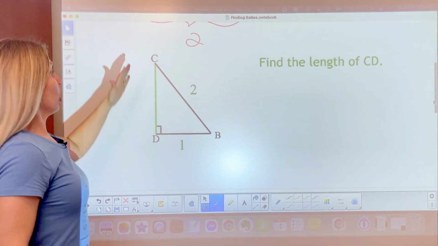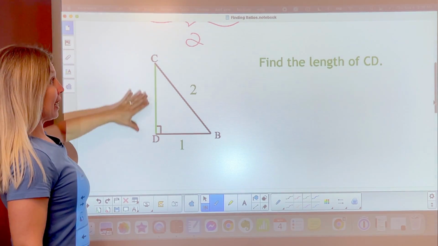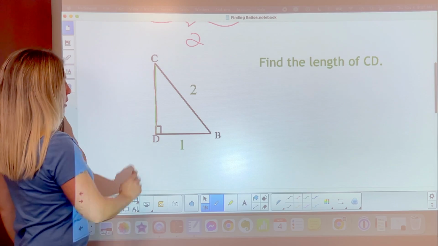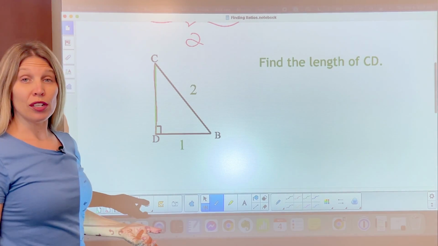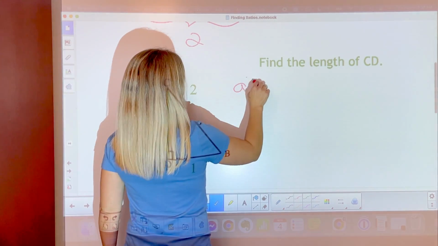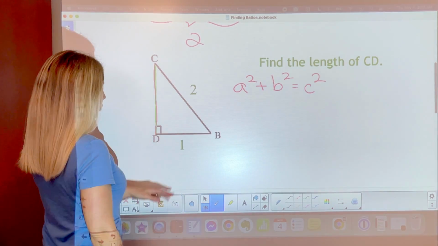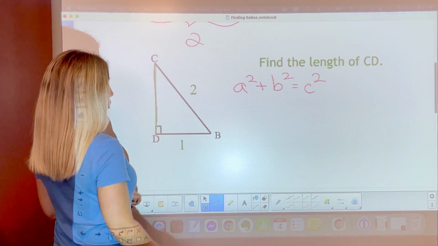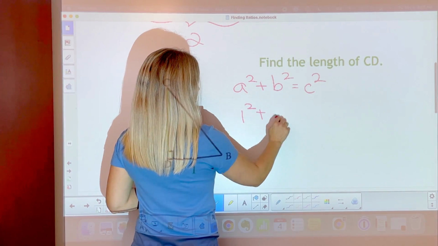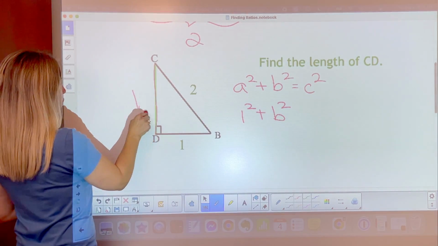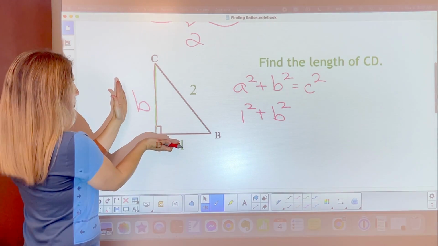So now I took off the other half of the triangle because now what I want to find is the length of CD. So again, what are we going to use here? That's right. A squared plus b squared equals c squared. I'm going to say my a is 1 squared plus b squared. That's the side b over here, right? Because these are the legs of the triangle.